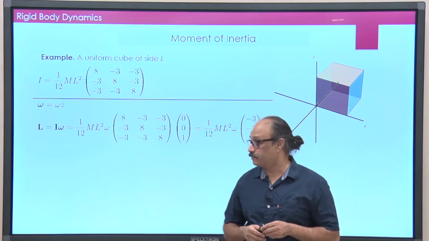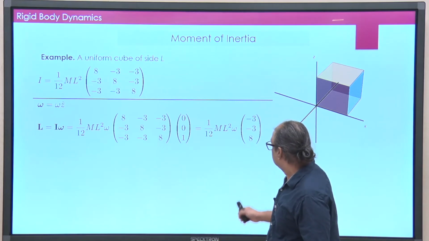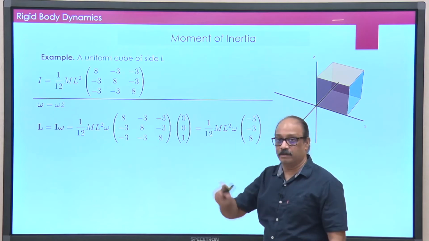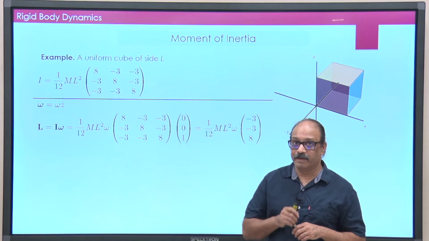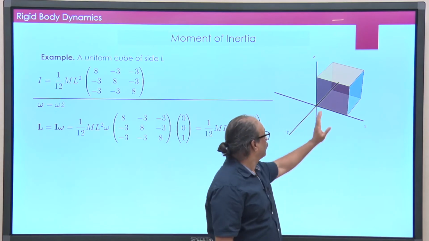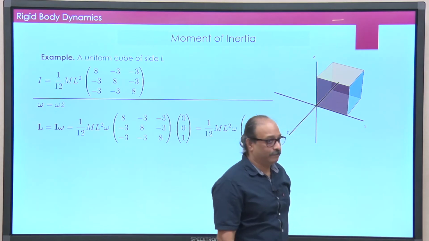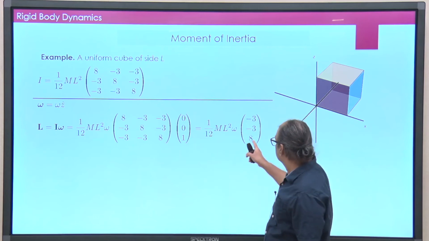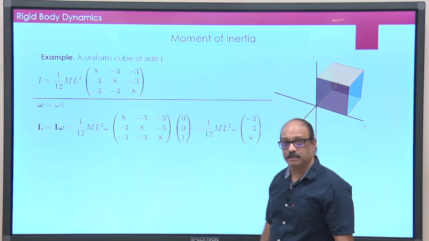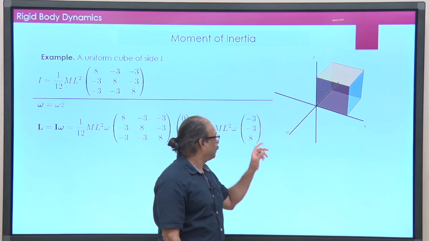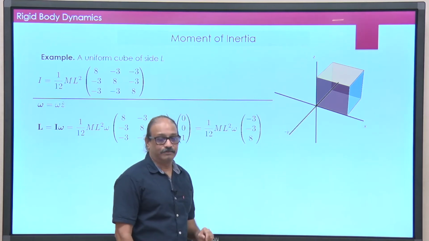Now, look at this one. This vector, which is the angular momentum vector, is no more parallel to omega vector. Remember, your omega vector was vertical there. Where is this L vector? L vector has a positive z component and negative components for x and y.